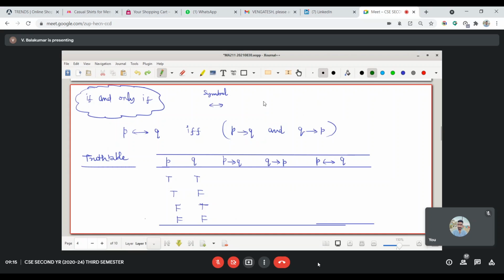Actually, if I want to write this down, I will write P implies Q and Q implies P. I can write this also, P both implies Q, if this happens.